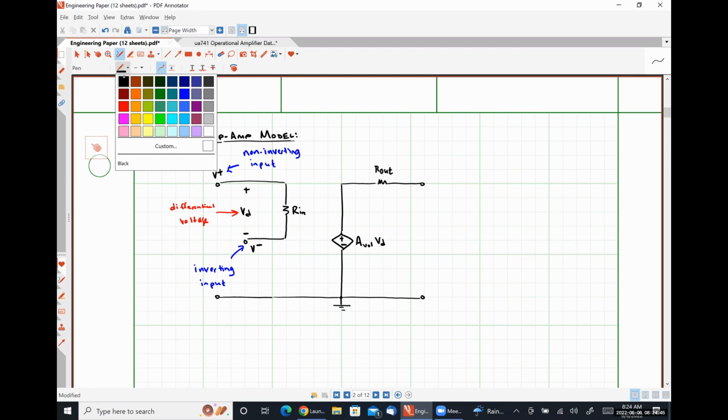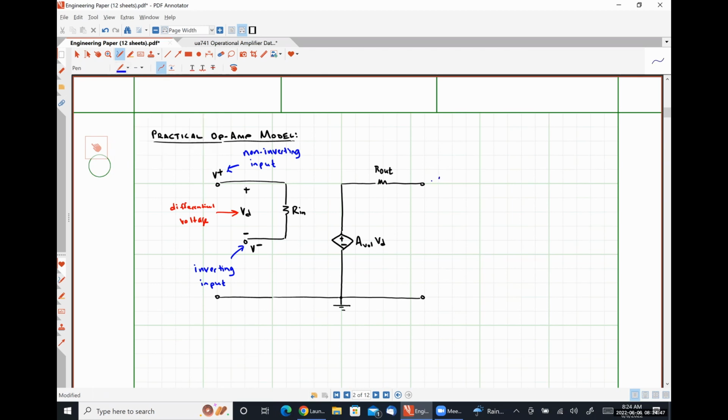Here is my output terminal. And I could also just as easily say then that this voltage is my output voltage. And I'm kind of running out of room a little bit here. This voltage is my inverting input voltage.